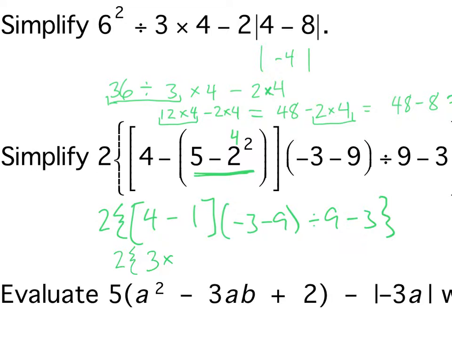If there's no plus or minus sign, it means it's an understood multiplication. So that's why I have that multiplication symbol after the 3. Multiply by what's inside the second parentheses. Negative 3 minus 9 would make a negative 12. So that's a negative 12. I'll put it in parentheses so I just remember that that negative does not mean that I subtract it from the 3. I need to multiply 3 by a negative 12. And then I have the rest of the line still like it was, divided by 9 minus 3.